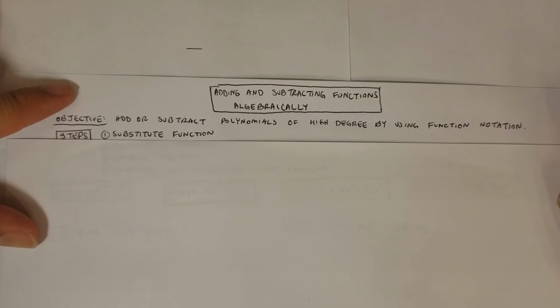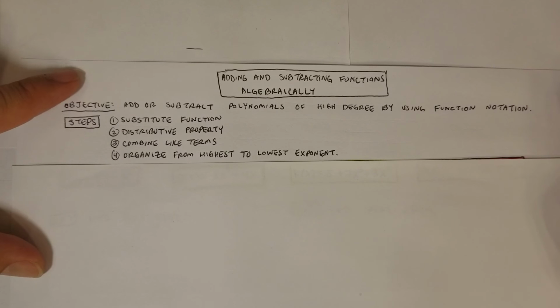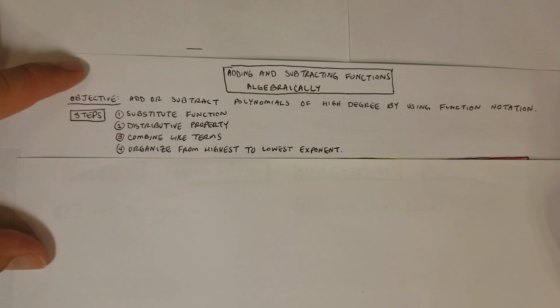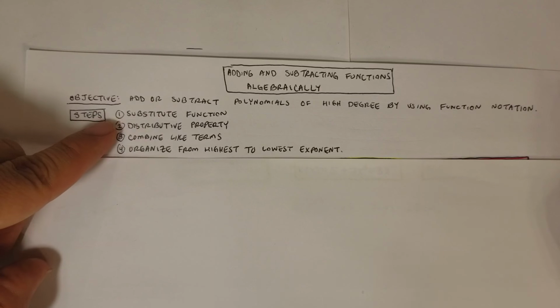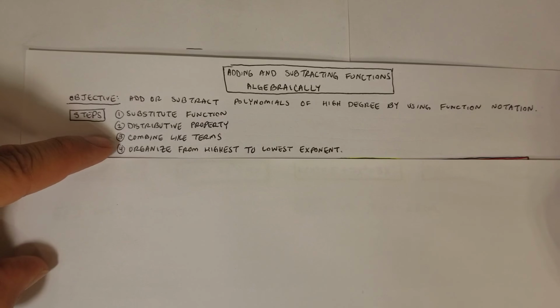So as I said earlier, the steps are the following. And none of these steps are new to you. You should be able to do them all already. So the first one is substitute the function into the corresponding values. Do the distributive property. If there's any numbers in front of the parentheses or in front of the function, you have to distribute the whole entire number to every single term inside of the function. Step 3 is to combine like terms.